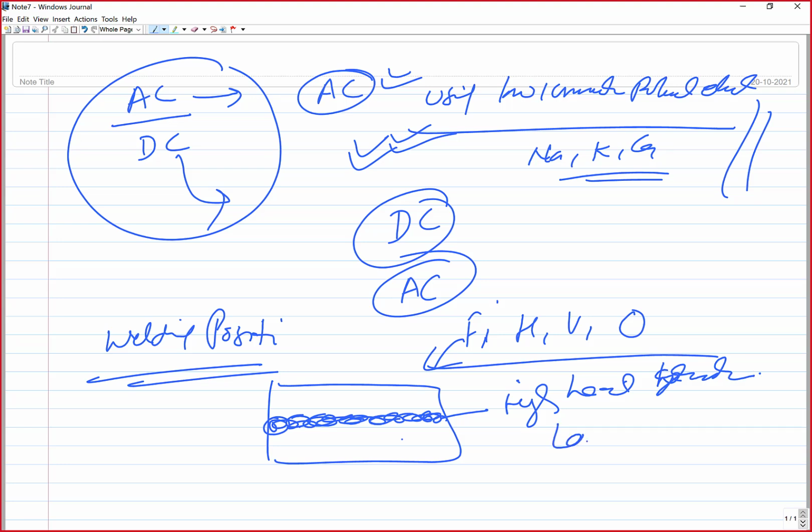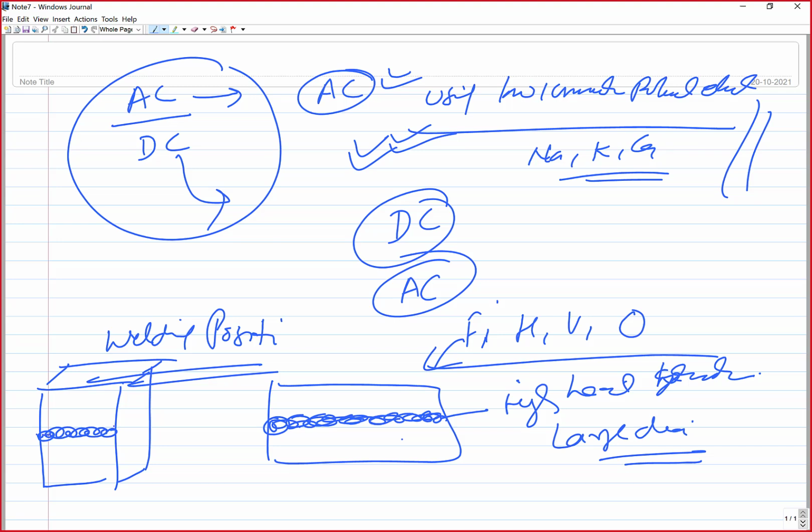You can work even with large diameter electrodes for faster welding. But in horizontal welding, the plates are in a vertical position, but the weld metal is placed in the horizontal direction only, like this. The plates are vertical, but the weld is made horizontally.